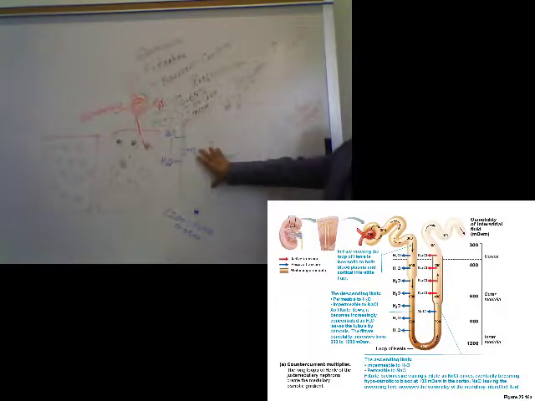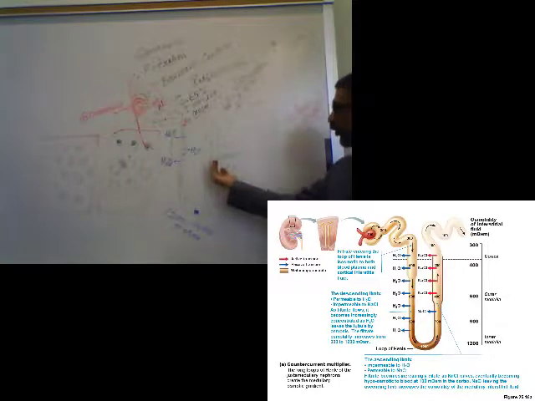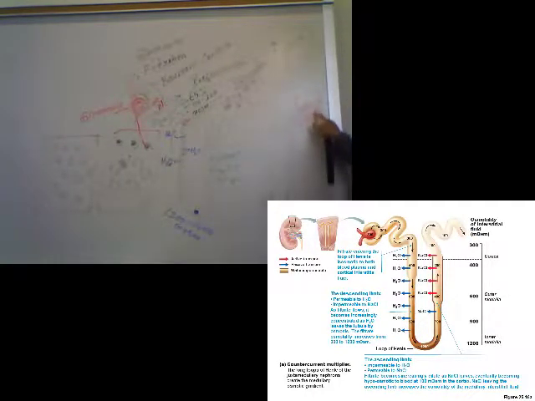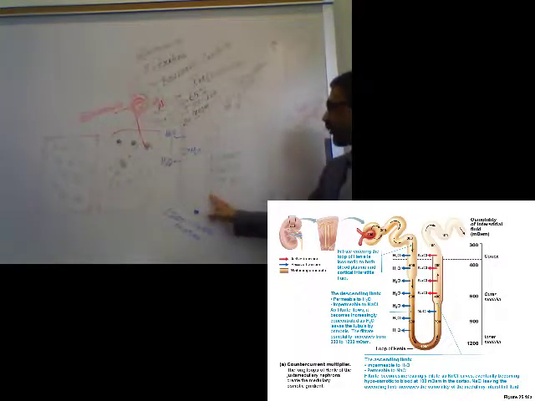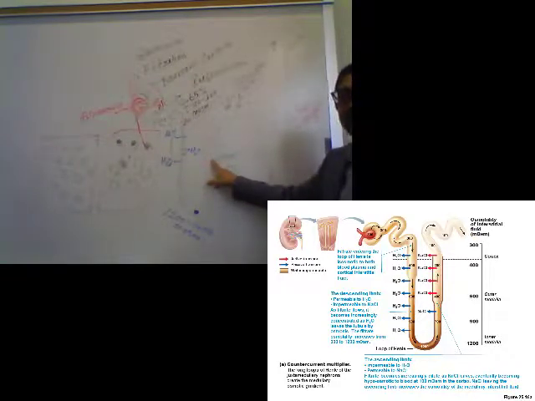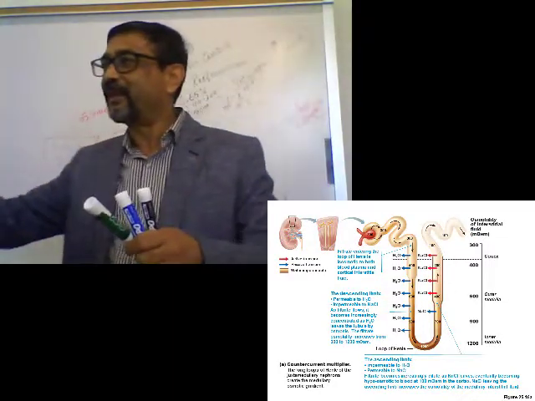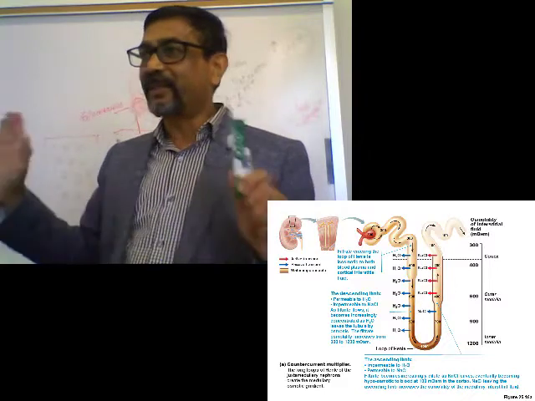If from this fluid only the solutes leave and water remains there, like taking glucose out and water staying there, then as the fluid is moving up, will the concentration increase or decrease? You are taking the solutes out, water is remaining there. Decrease, right? Is it clear?